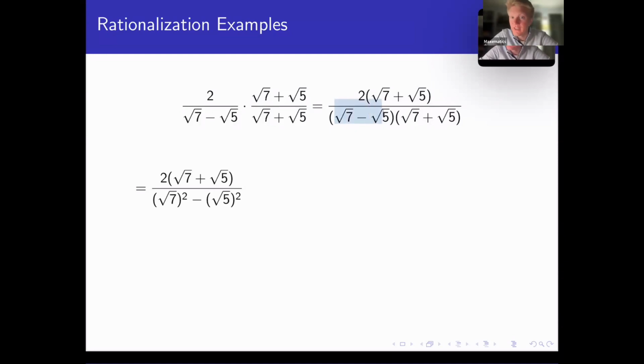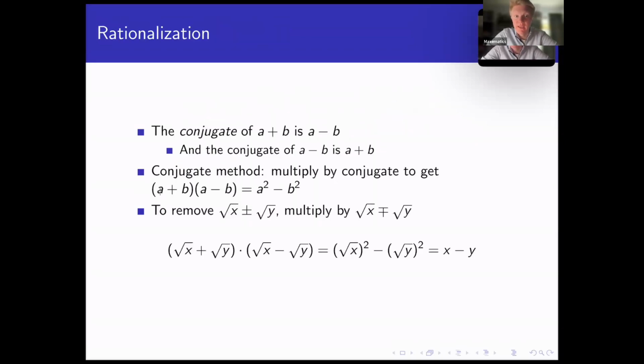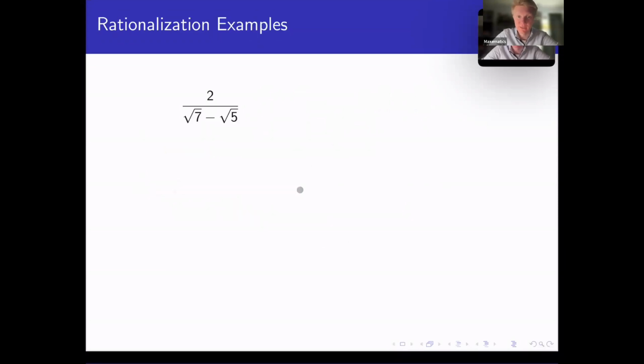Difference of squares. Again, let me flash it on screen. We have a minus b times a plus b, same thing as what we have here, and it simplifies to a squared minus b squared.